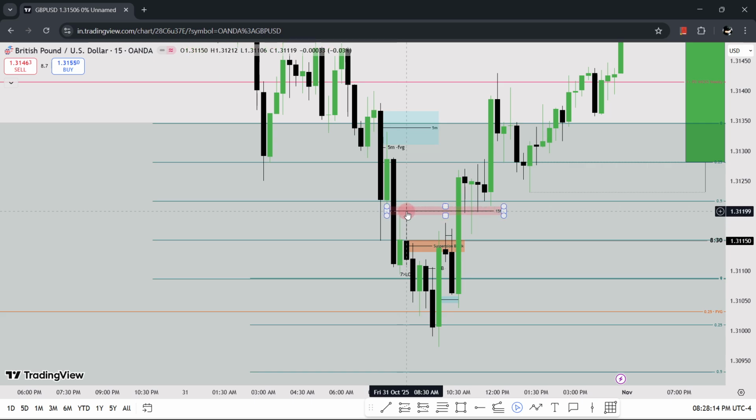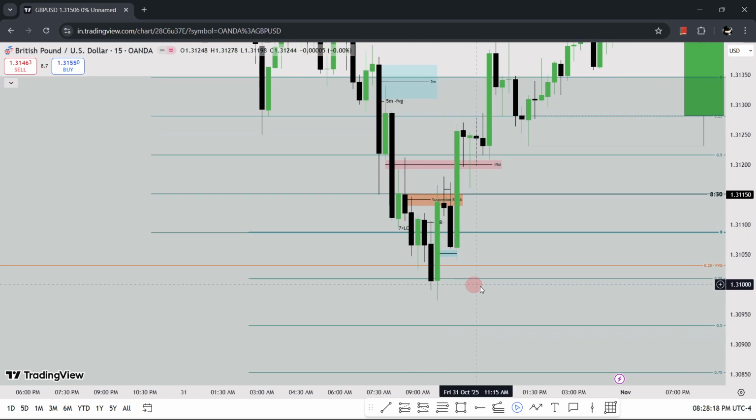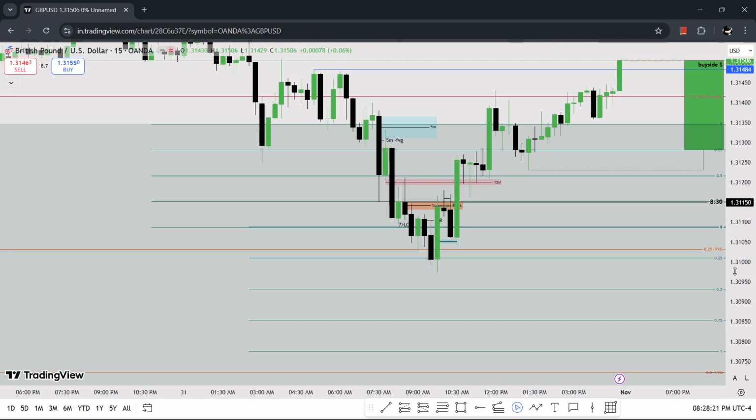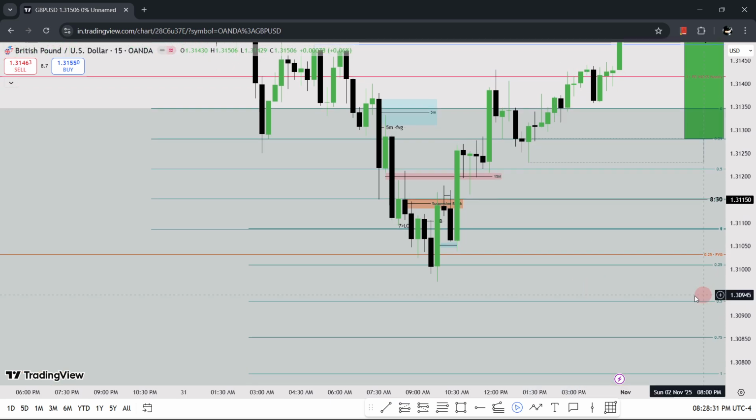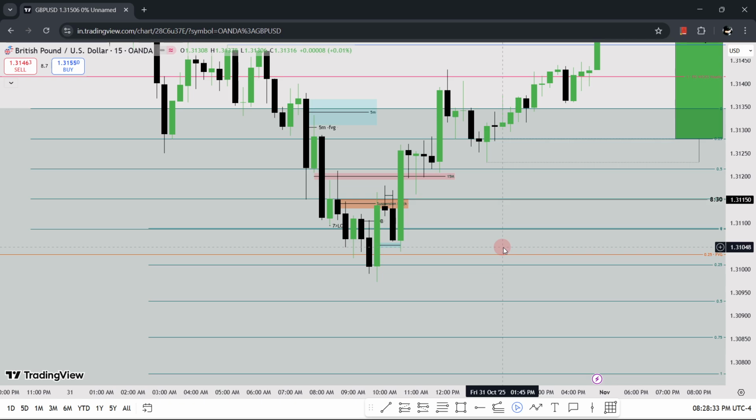Price went to that 50-minute fair value gap, dropped down a little bit, and went between the 0.25 and 0.5 level of that monthly fair value gap.